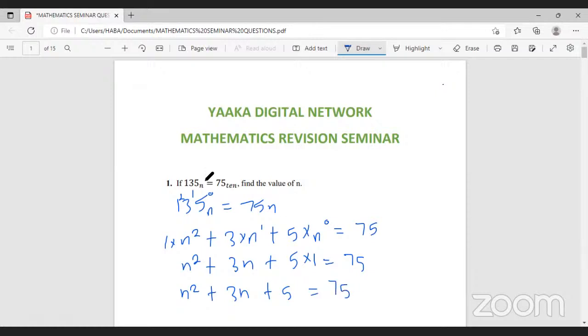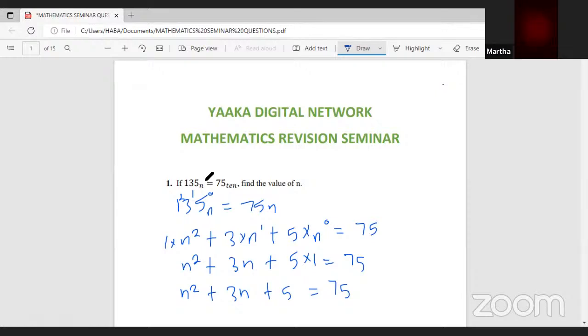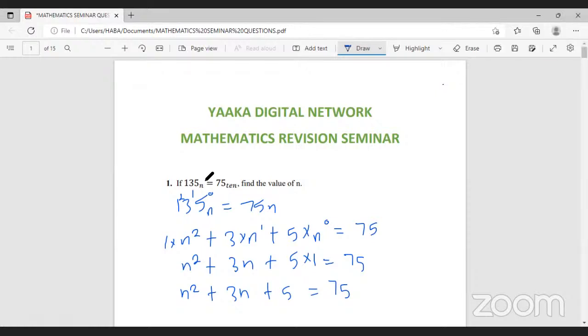So what do we do next after this step? What nature of the equation is this? Okay, Martha? It's a quadratic equation. Thank you. So since it is a quadratic equation, to solve it, we equate it to 0.